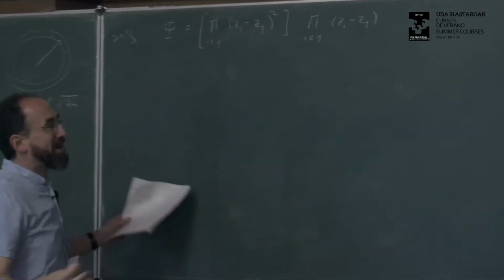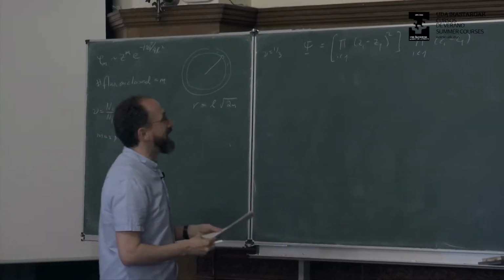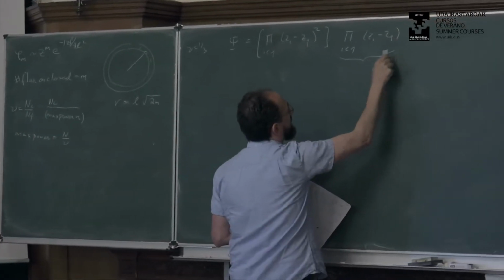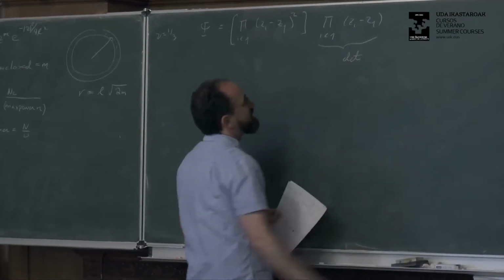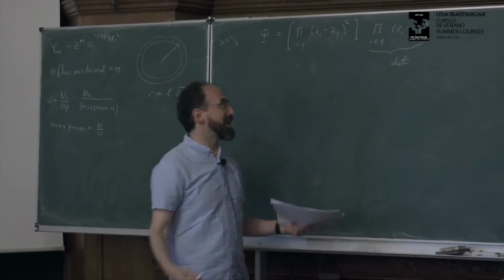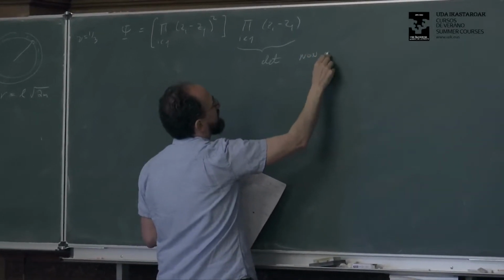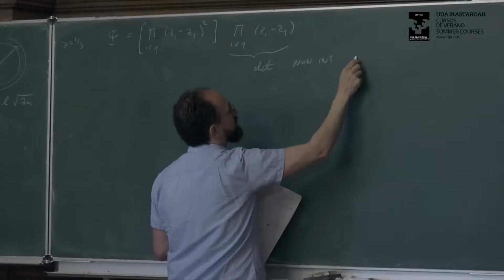Now here, obviously, we haven't done anything. We just split up the 3 factors into 2 factors plus 1 factor. But this factor here is a determinant. And you can view this as the wave function for a single filled Landau level of non-interacting fermions at nu equals 1.